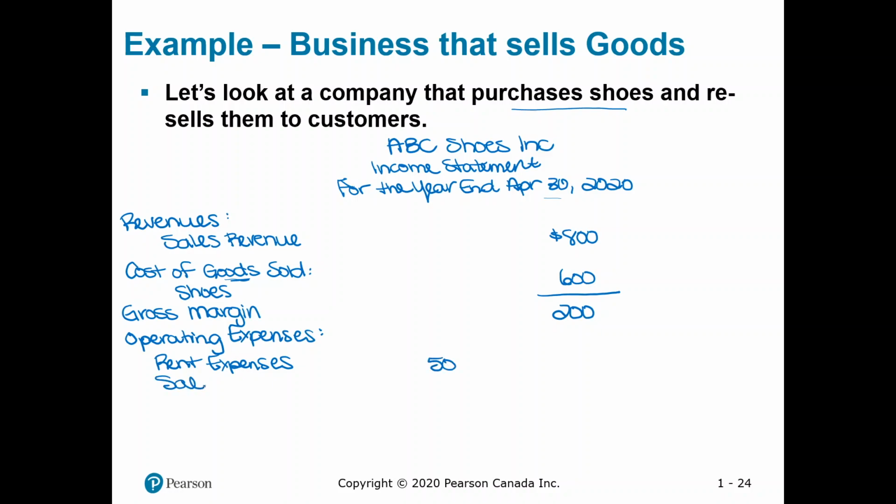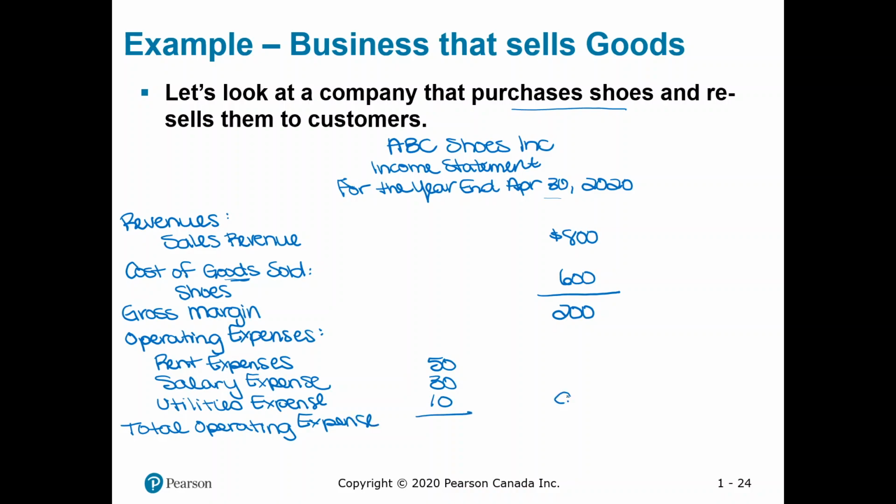We have salary expense for our shoe salesman, $30, and also utilities to run the store, keep the lights on. Utilities expense is $10. So because we've got multiple items here, we'll show our total operating expense, which is $90.